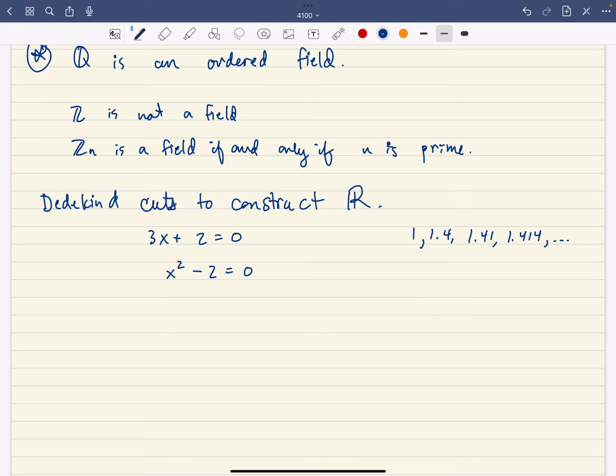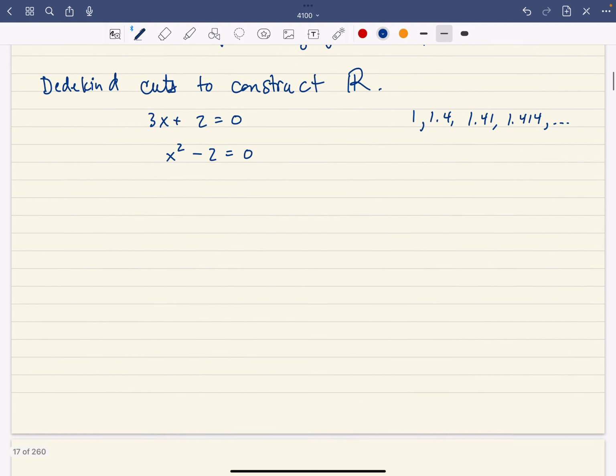Now, the way that I want to think about Dedekind cuts is, let's first tell you what a cut is. And actually, before I do that, just a little bit about boundedness of sets. This is probably review.